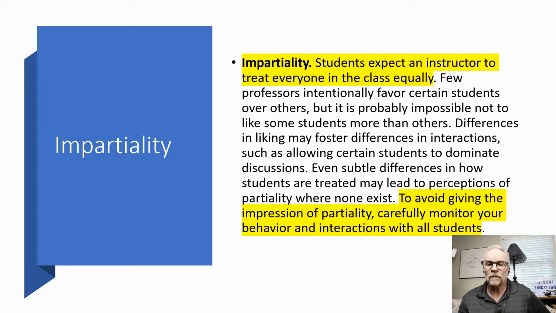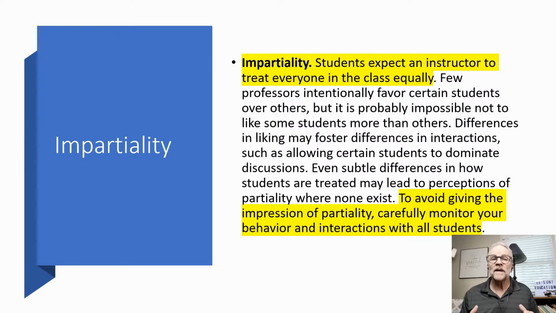It says here, to avoid giving the impression of partiality, carefully monitor your behavior and interactions with all students. And this also applies to how you let certain students dominate the classroom. In high school, which I taught, you have some kids that just really have a strong personality, and they always want to respond to questions and dominate what goes on.